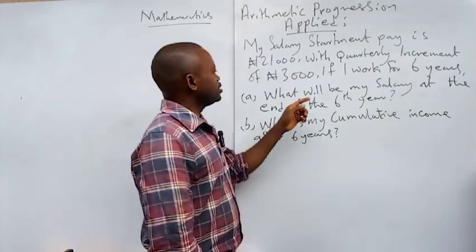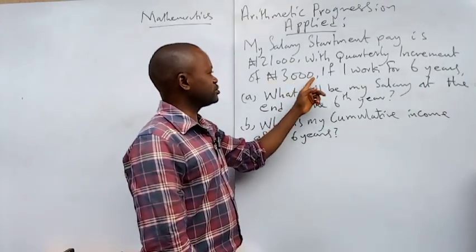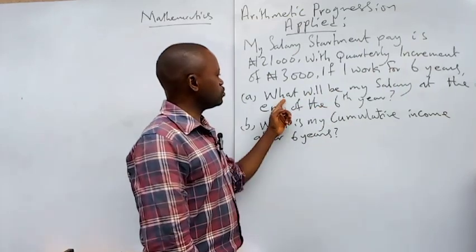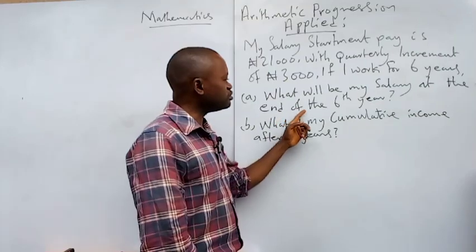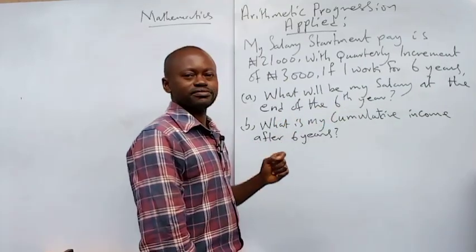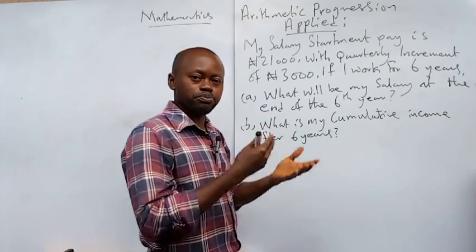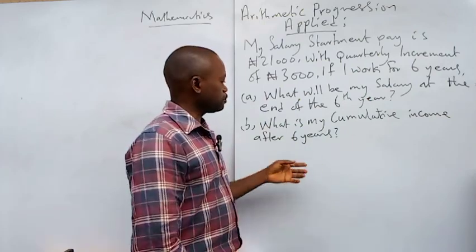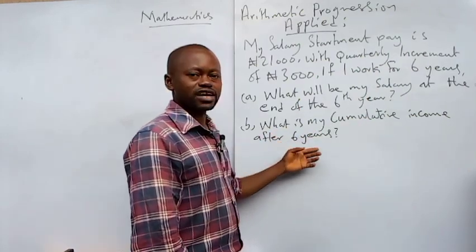It says, if I work for 6 years, what will be my salary at the end of the 6th year? What will the boss be paying me at the end of the 6th year? And what is my cumulative income after 6 years?